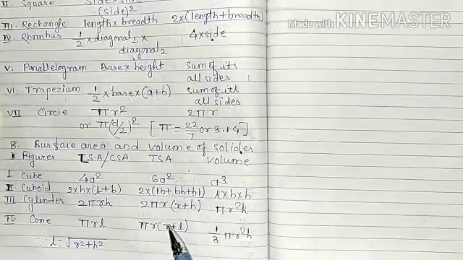First, remember the tables from 1 to 25. Second, laws of exponents. What are the rules in laws of exponents? Remember it. Third, algebraic identities. What are the algebraic identities we have to learn in TS classes? And next, fourth, squares of numbers. We remember the squares of numbers from 1 to 25. Fifth, cubes of numbers.